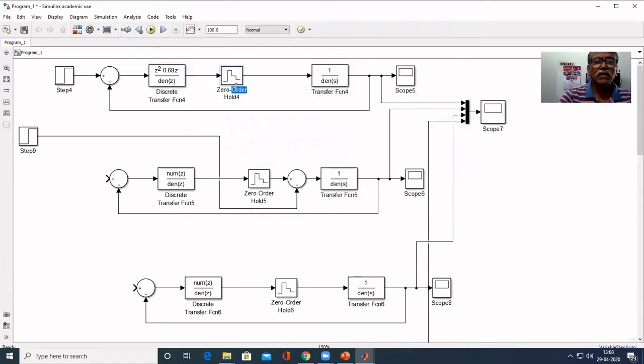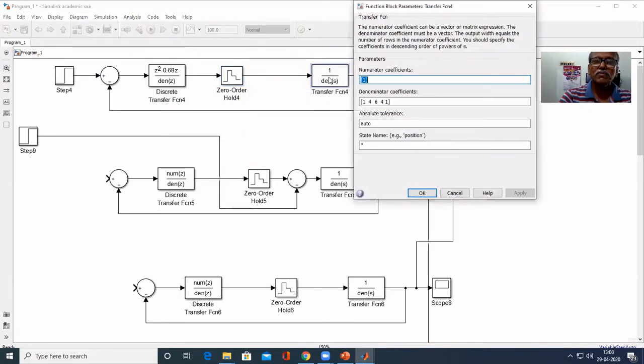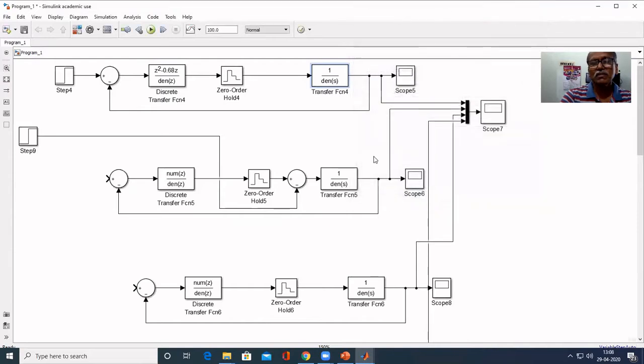Now we have to enter the zero order hold. In that we have to enter only the sampling period, that is 1 second. Then for the transfer function, we enter the fourth order one: 1, 4, 6, 4, 1 are the denominator coefficients. That's all.